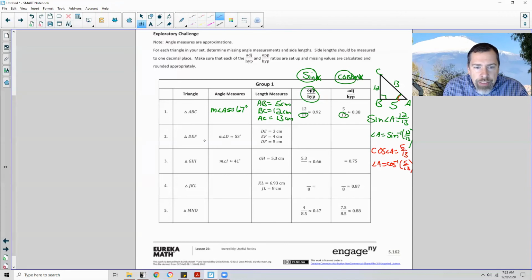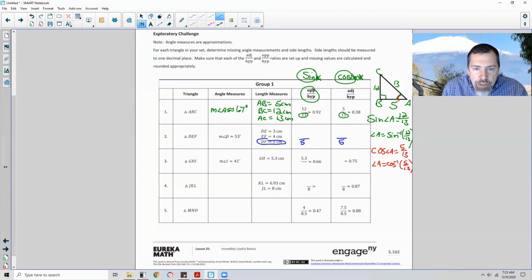Okay, triangle DEF. The measure of angle D is 53 degrees. DE is 3 centimeters. EF is 4. DF is 5. The longest side is your hypotenuse. So if I do opposite over hypotenuse, you see this? Adjacent over hypotenuse, I'm going to put the hypotenuse in the denominator.